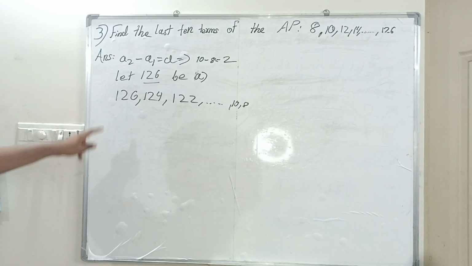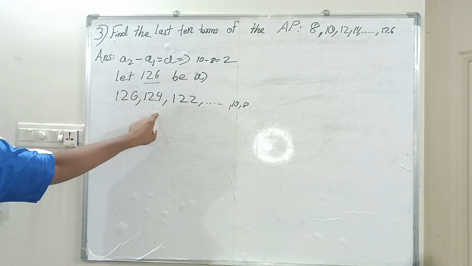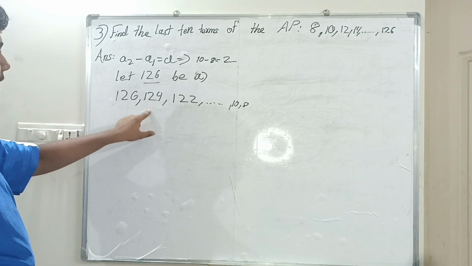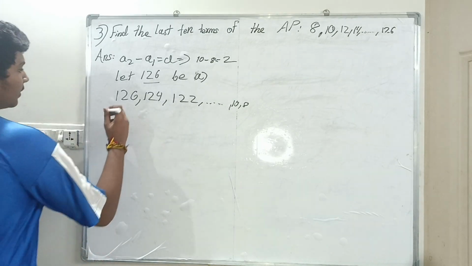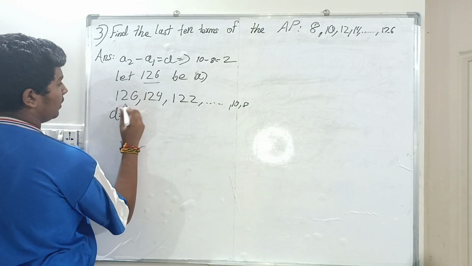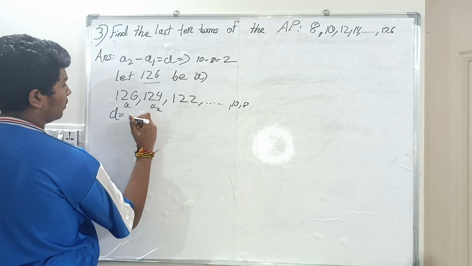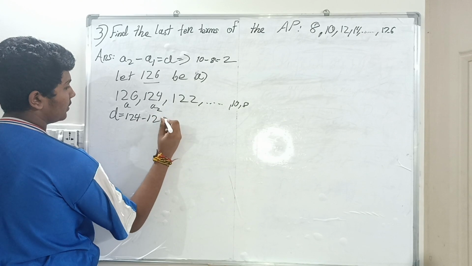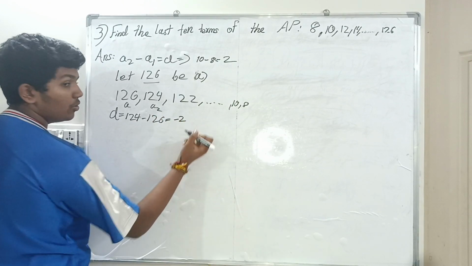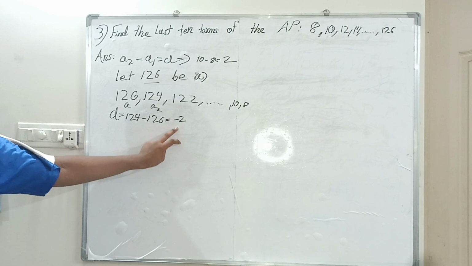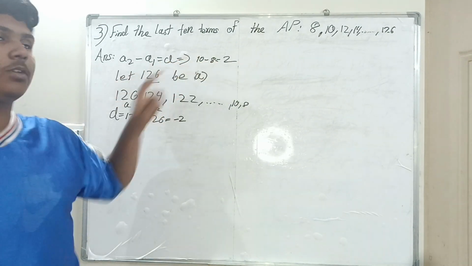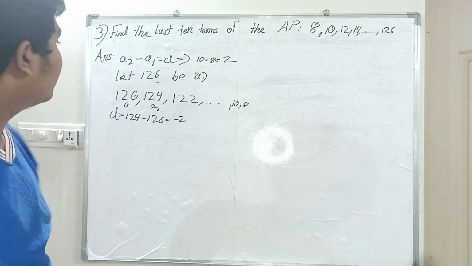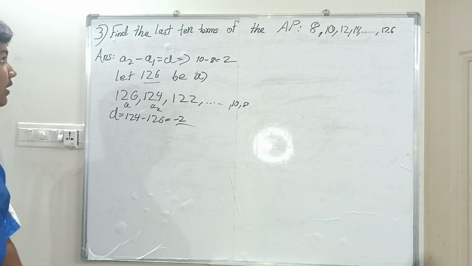So we got the A1, A2, A3. Now if you subtract this to find the D here, you will get minus 2. How? D is equal to, this is A and A2, so it will be 124 minus 126, which will be minus 2. So here is minus 2, but here 2, right? But that's the first terms. Now this is the last terms, right? So D is 2.